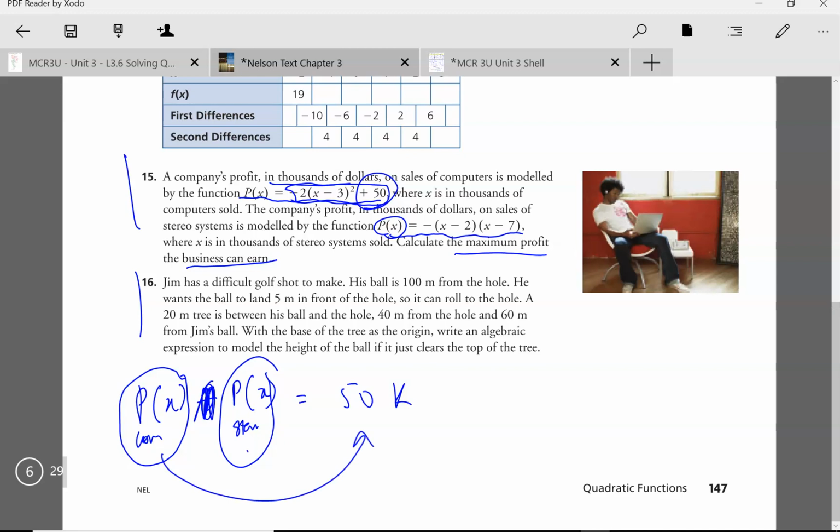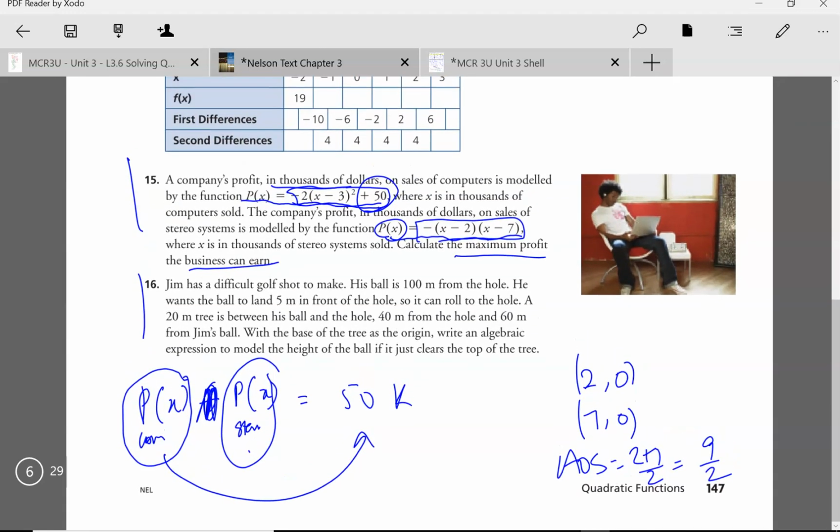Profit on stereo systems, again, we have this factored form over here. So we have our two symmetrical points. Our axis of symmetry is 2 plus 7 divided by 2, or 9 over 2.